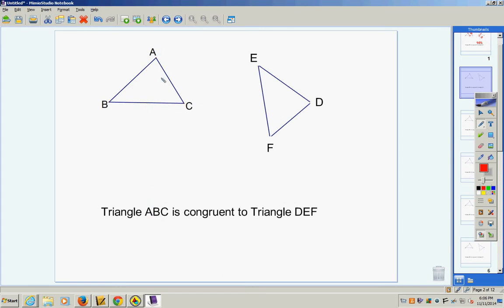Let's say I say AB is congruent to DE, okay, and let's say I say angle A is congruent to angle D, and AC is congruent to DF. Okay, this is another way to show triangles are congruent to each other. This is called side, angle, side.